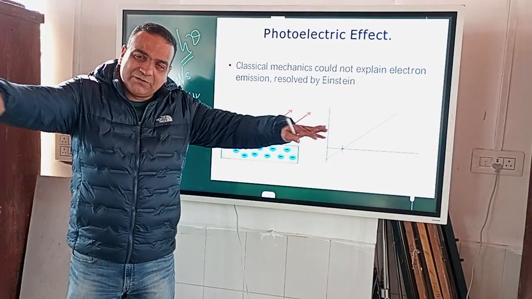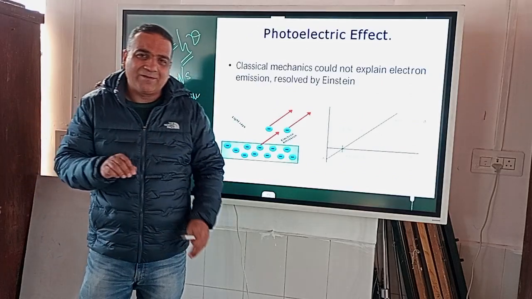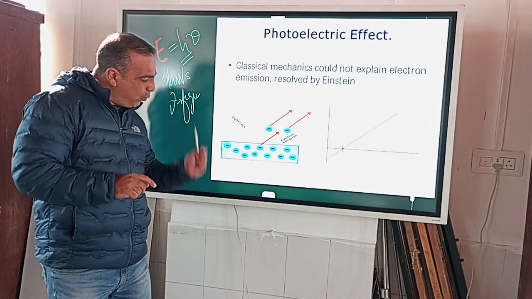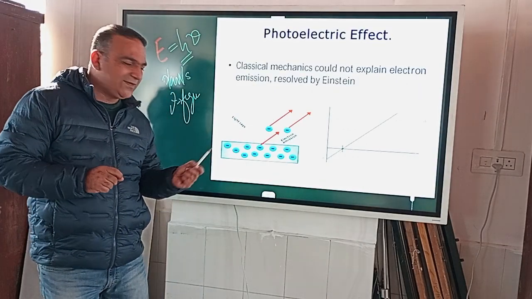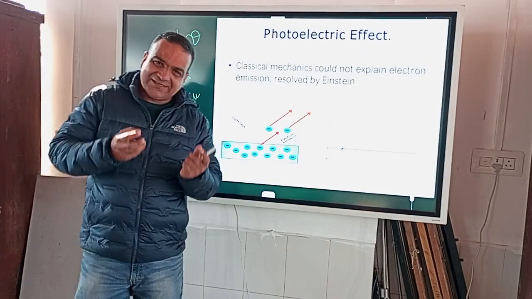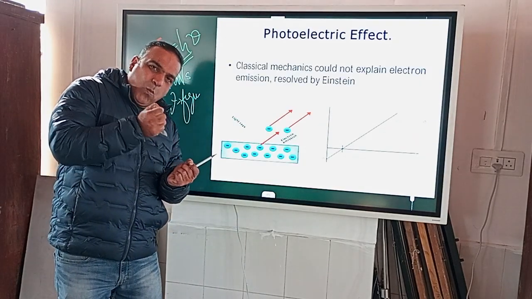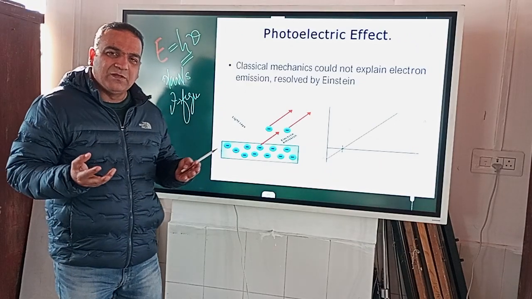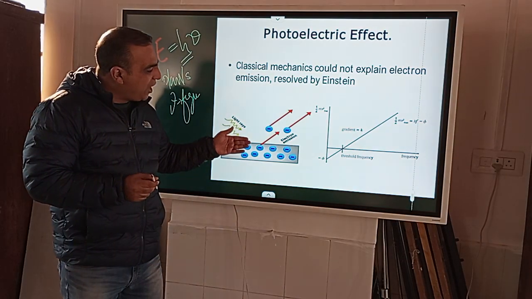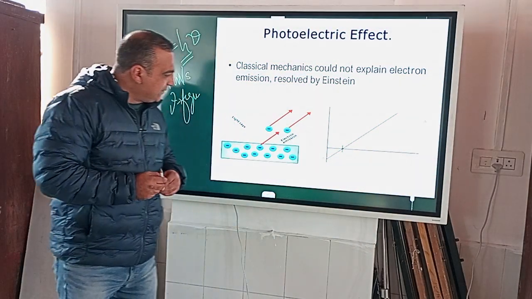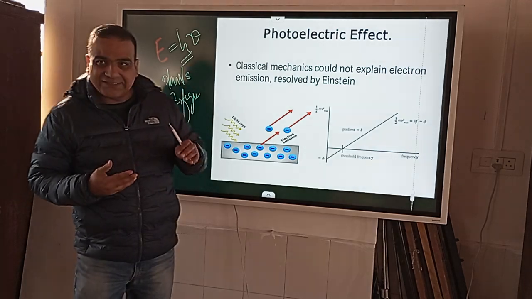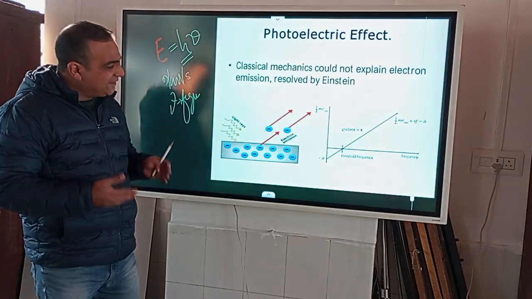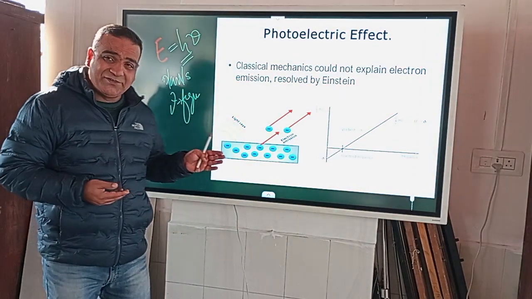If we make some minor calculations, these calculations reveal that the energy that can be distributed to one electron, which is a free electron in this photosensitive metal, is extremely low. It's impossible for that energy to get this electron out of this photosensitive metal. So treating this phenomenon classically, it is impossible to explain photoelectric emission.